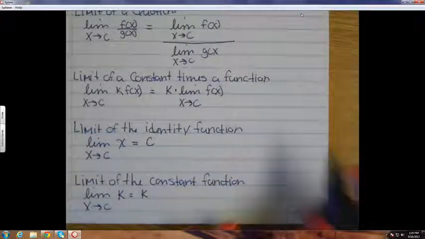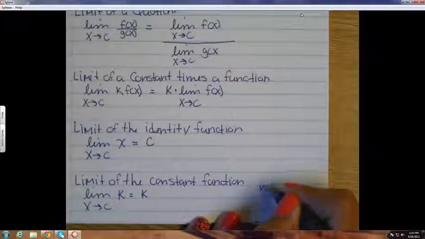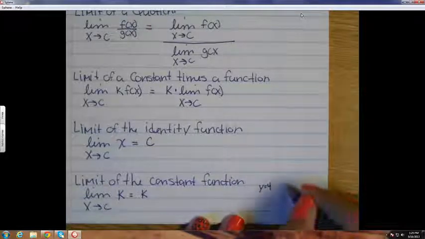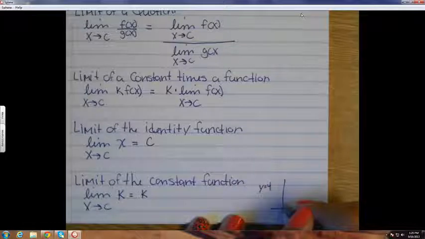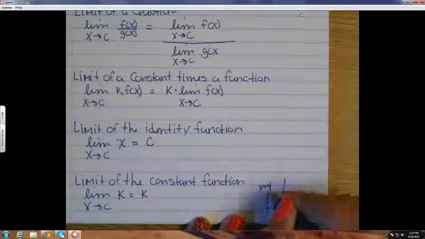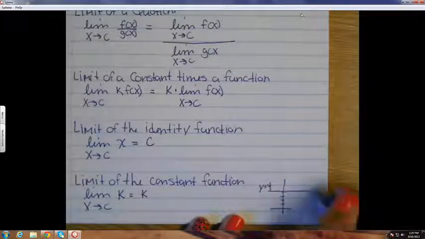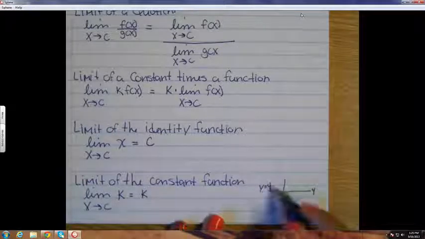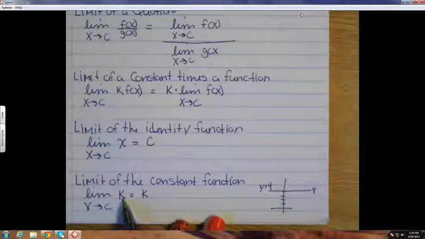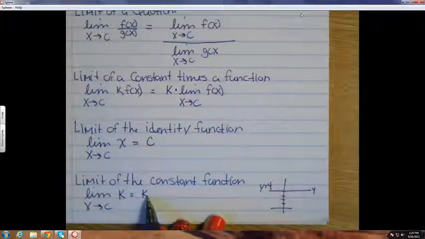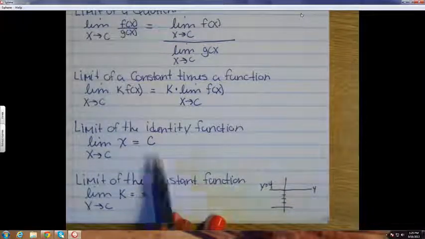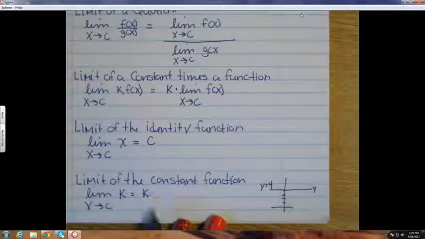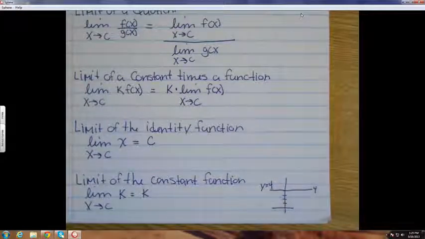Like y equals 4. That's a horizontal line where the y value is always 4. It's constantly 4. So what's the limit as I approach any x value? I'm always going to be at 4. So if you've got a constant, the limit always equals whatever that constant is. So notice these last two don't have limits on them. And that's going to be our goal when we prove, is to simplify and get things down to one of these two cases.